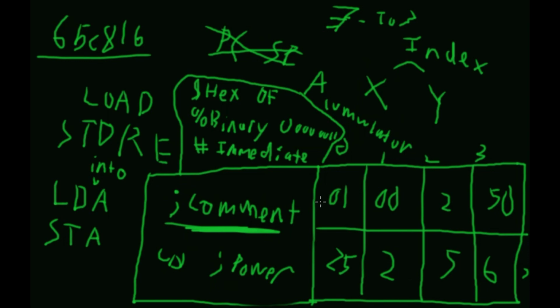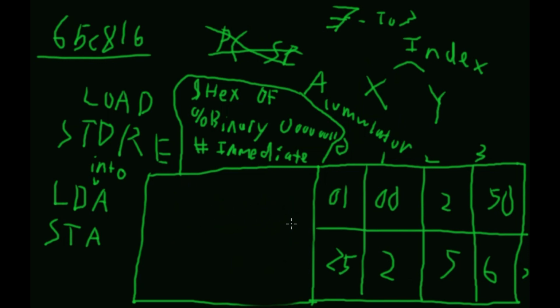So hopefully you've learned something here. You've learned two main 65C816 instructions, load and store. There's just one last thing I want to say. Sometimes you're going to want to write the 0 value to a place. Let's say I want to zero out the value at 02.